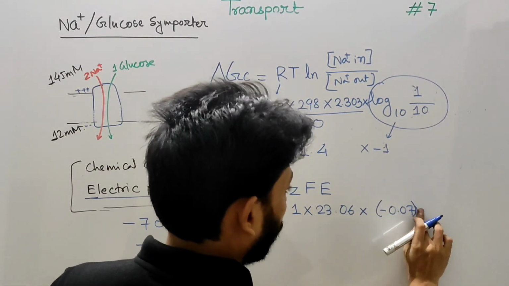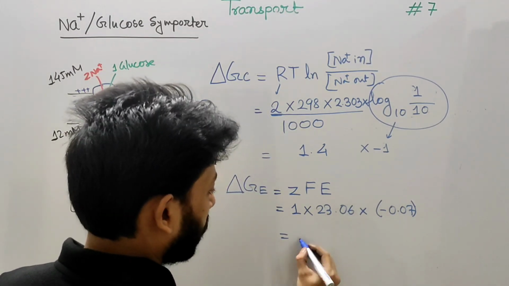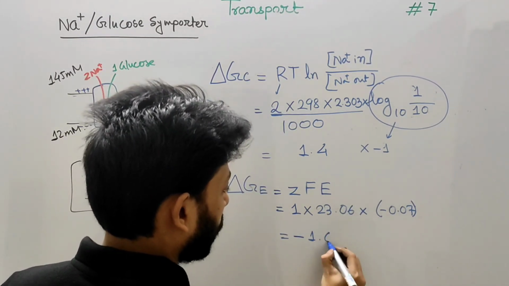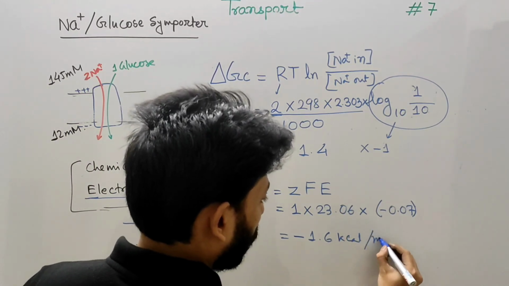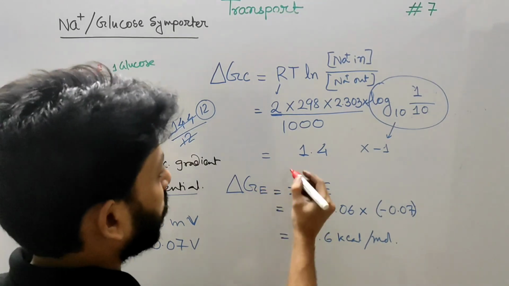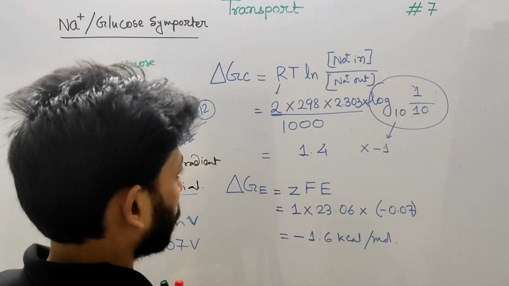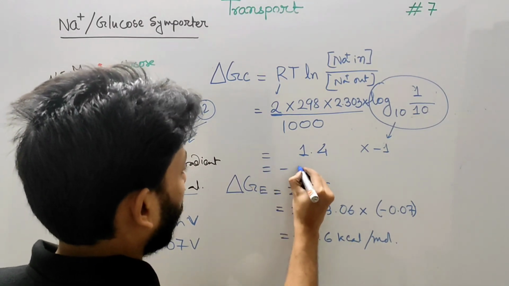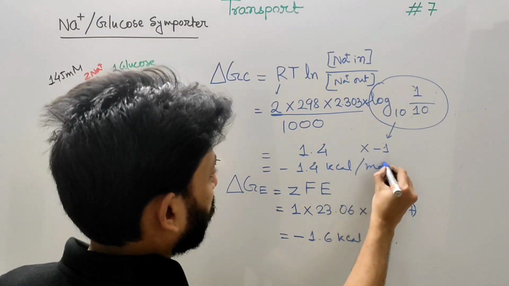If you multiply this, you will find -1.6, approximately 1.6 kilocalorie per mole. See, by the chemical concentration gradient, the sodium is generating, it will be minus 1.4 kilocalorie per mole.